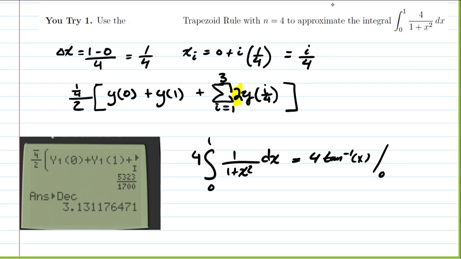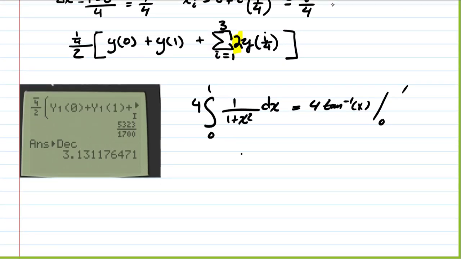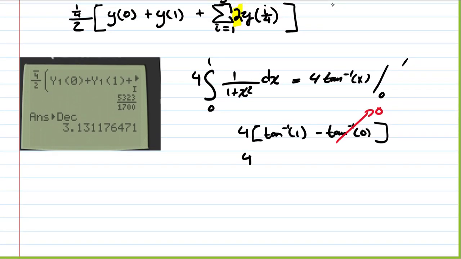And we evaluate that from 0 to 1. So that's 4 times the inverse tangent of 1 minus the inverse tangent of 0. The inverse tangent of 0 is 0, and the inverse tangent of 1 is pi over 4. So we get 4 times pi over 4. So the exact answer is pi.